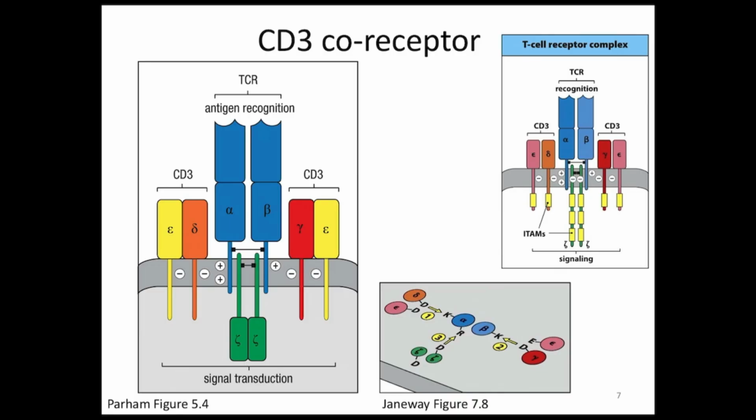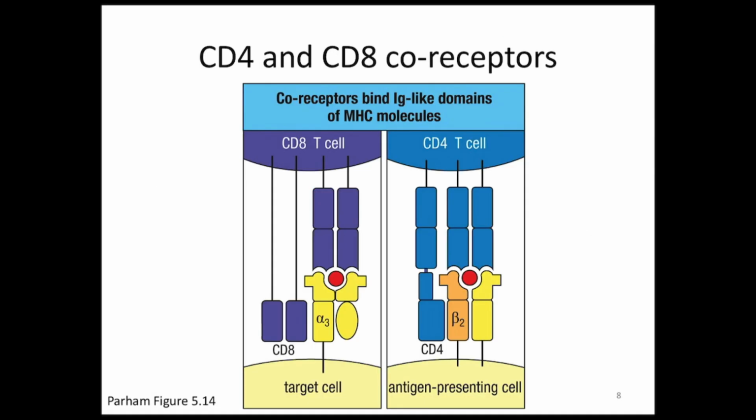It needs to have one other friend as well to help in this process. You actually already know about this other friend. This other friend is either CD4 in the case of a CD4 T cell or CD8 in the case of a CD8 T cell. So this CD4 protein that can bind to MHC class II, the CD4 protein is also on the T cell. You can see it's also binding to the sort of back part of class II. And it's going to be the final part of the co-receptor that's going to help out this process.